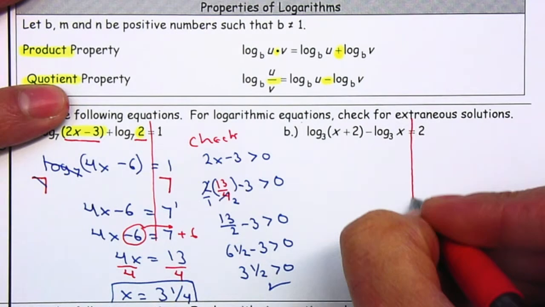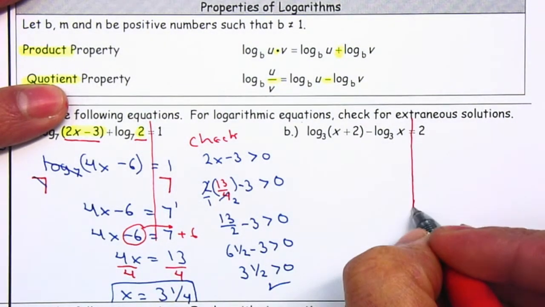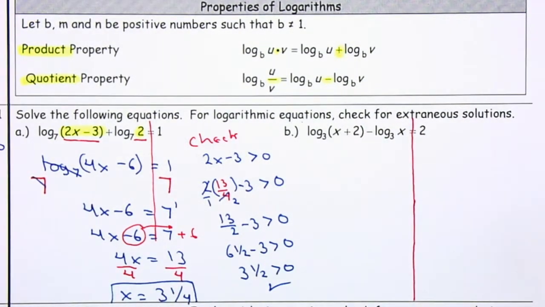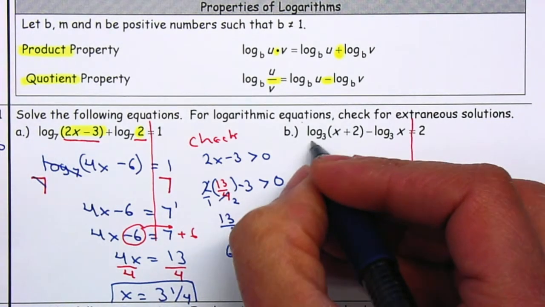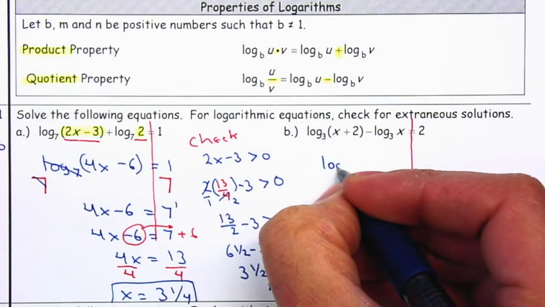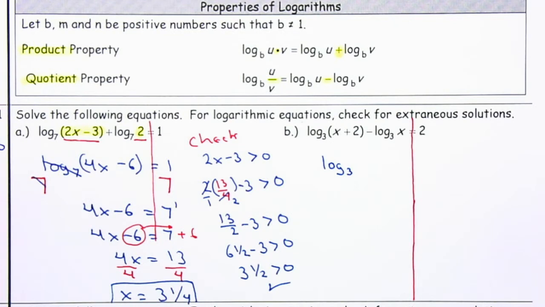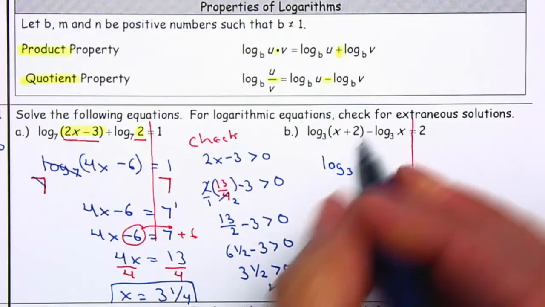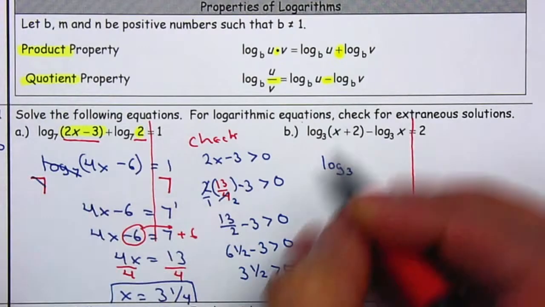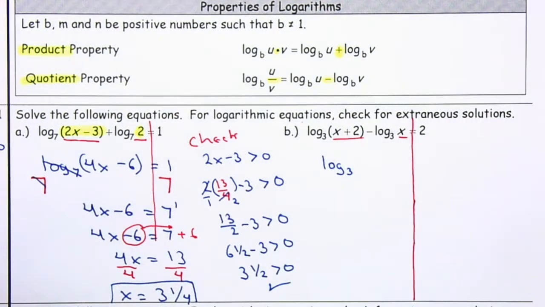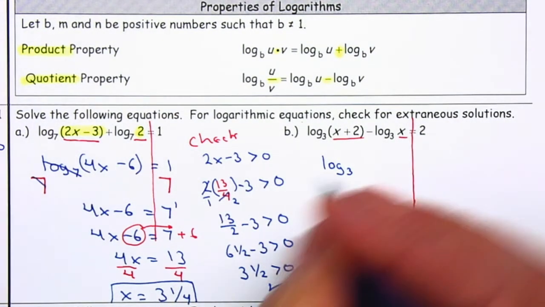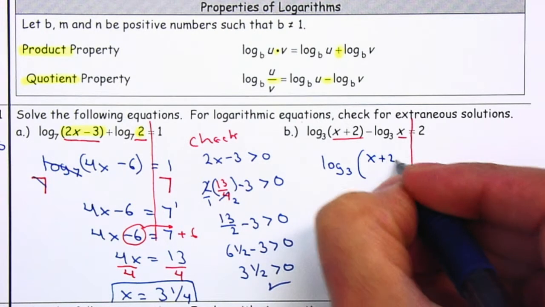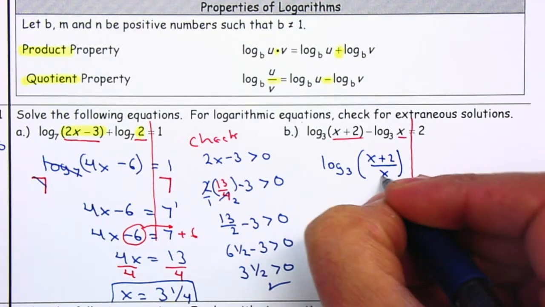Letter B. We have an equation, we have two logs on the left hand side. So we are going to condense it into one. We're going to combine both logs into one. Since there's a minus in between, we are going to divide: x plus 2 divided by x.